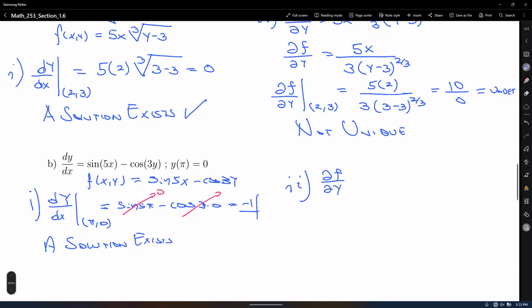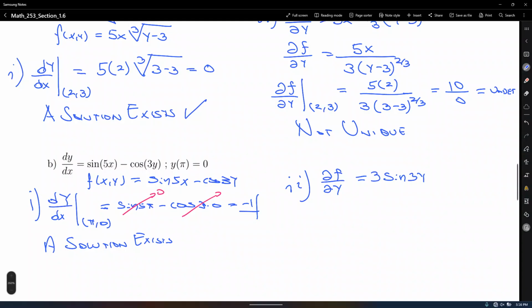So we just need to differentiate the 3y. Careful, because the derivative of cosine is negative, times the negative in front becomes positive sine of 3y. And by a mini chain rule, don't forget to multiply by 3.